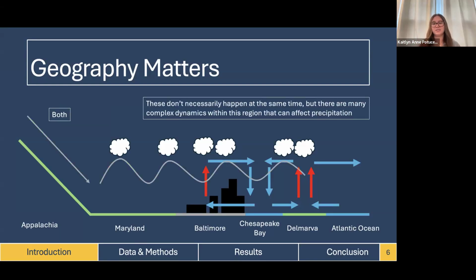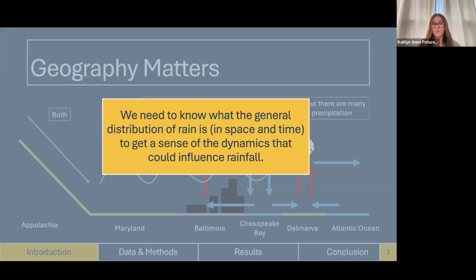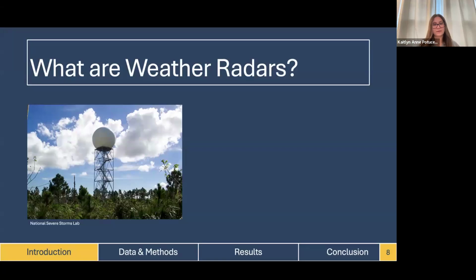Put even just these two things together, barring any other mesoscale features that might occur within the region, and the dynamics already get really complicated. So we need to understand what the general distribution of rain is in space and time across this entire domain to get a sense of the dynamics that could influence rainfall. We can do this by using weather radars, and prior studies have used weather radar to do this, which I'll talk about in just a moment.